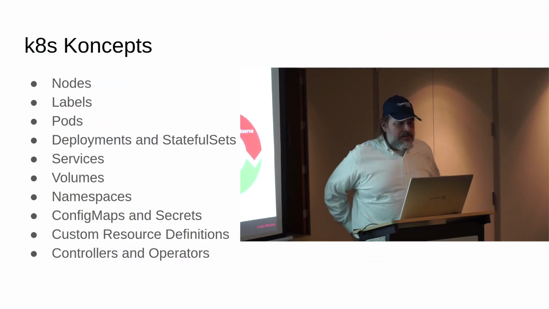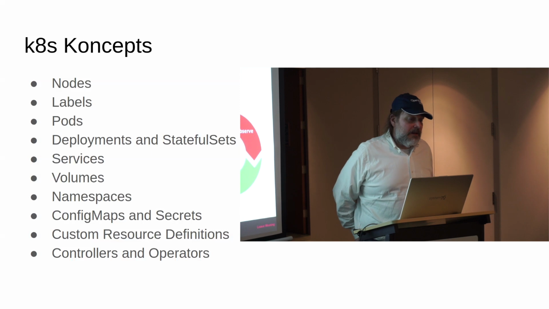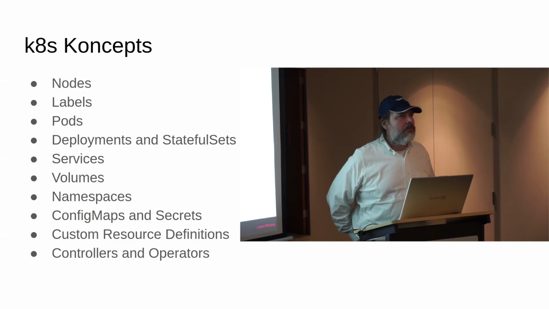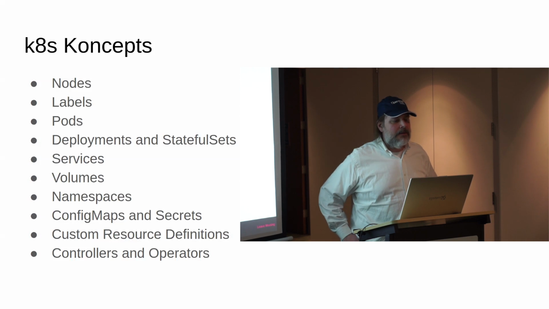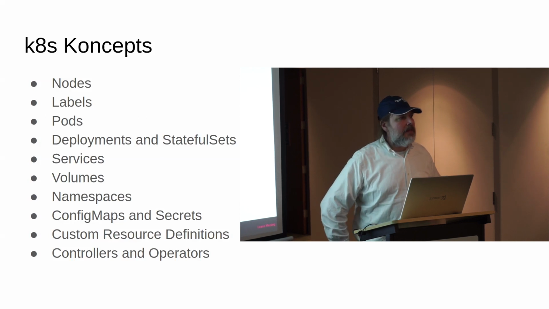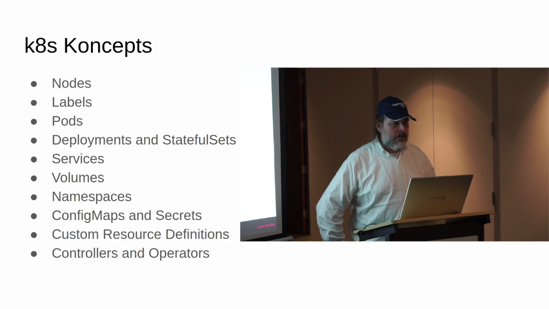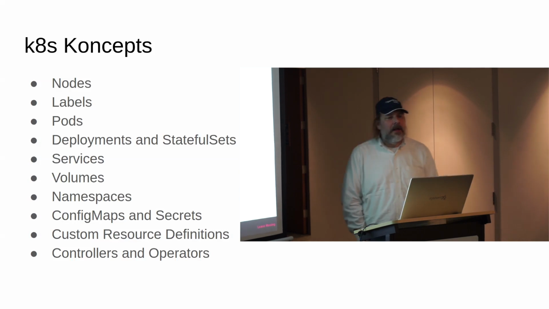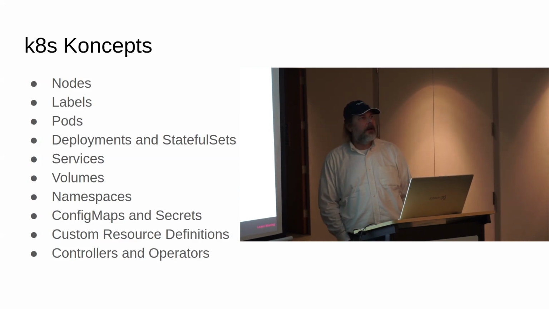So this is a laundry list of Kubernetes concepts. And I'm just going to kind of go through them one by one. And if I'm going too slow, please let me know. So in Kubernetes, things that you run Kubernetes on are nodes.